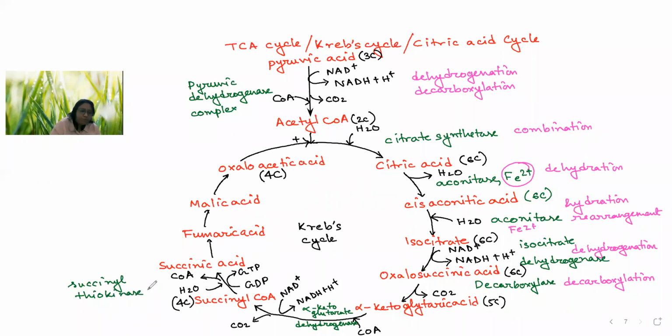Okay, so after this reaction, succinic acid, which is a 4 carbon acid, is converted into fumaric acid, which is also a 4 carbon acid, and there will be formation of FAD to FADH2.